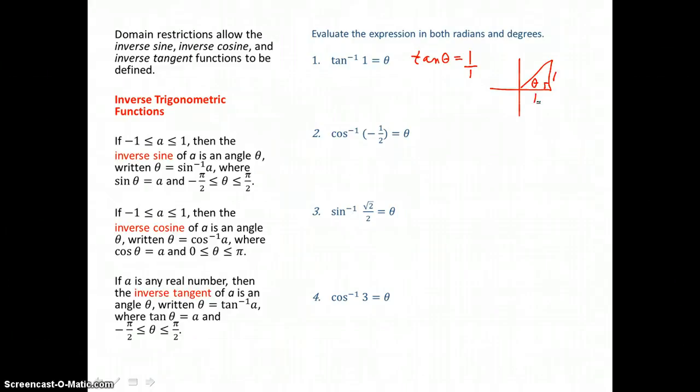Well, then you recognize that this is a special triangle, 1, 1, the square root of 2, and you realize that theta then must be a 45-degree angle. So theta is equal to 45 degrees, or pi over 4 radians.